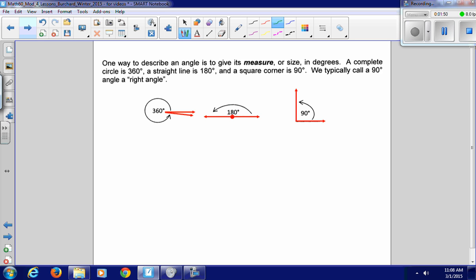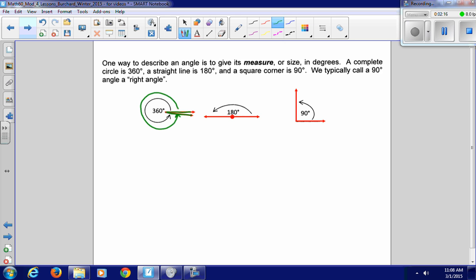One way we can describe an angle is to give its measure or size in degrees. A complete circle is 360 degrees. We're trying to indicate that with this. We're saying it's an angle that's almost all the way opened up. We would have opened it all the way up, but then it would have looked like a line instead of an angle.